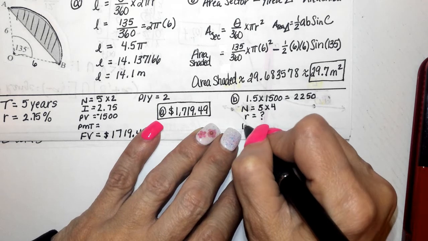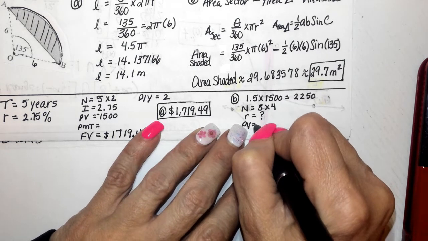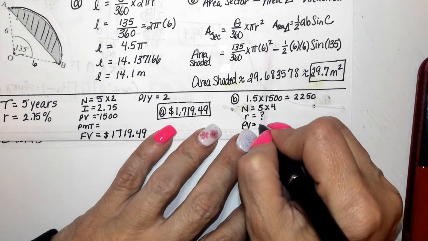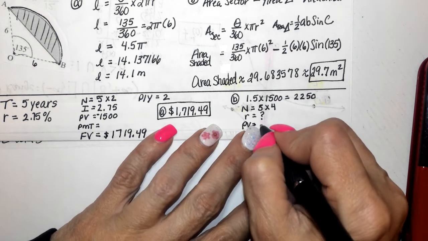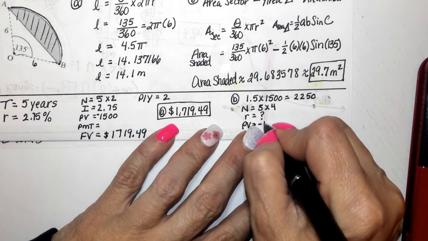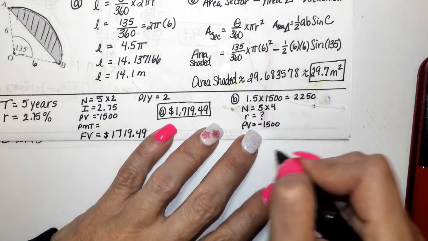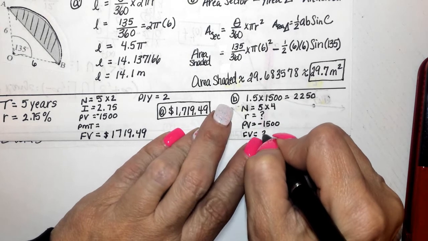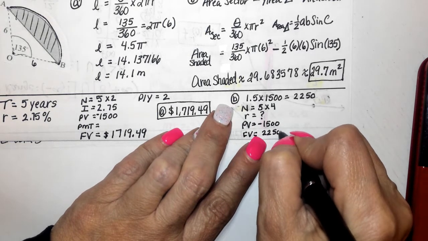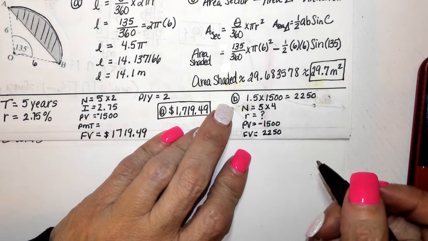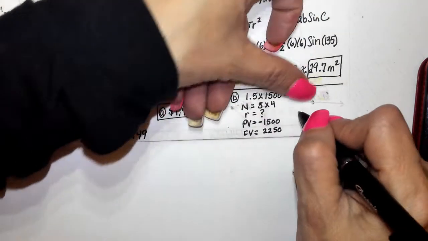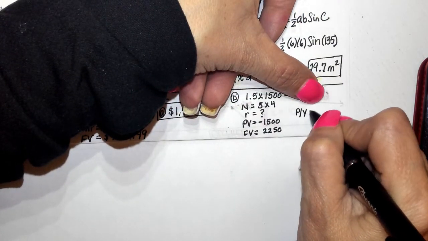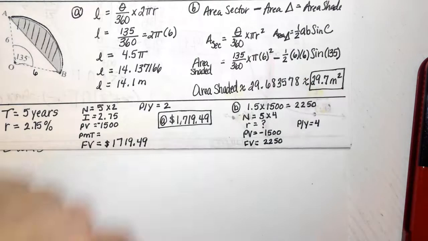Our present value, he's going to invest the same $1,500 out of his pocket, but his future value is that he wants to get $2,250. That's how much he's hoping to get. And now we're going to change that payments per year to 4, right?